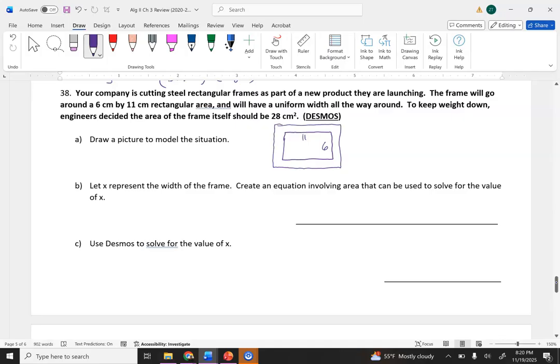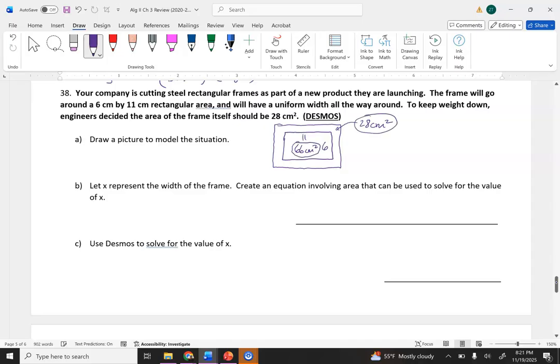All right, so this is kind of the idea here. We know that the frame itself, so just the outside part, is going to be 28 centimeters squared. And then we can calculate the inner part because it's a rectangle of 6 and 11. So the area inside here would be 66 centimeters squared.